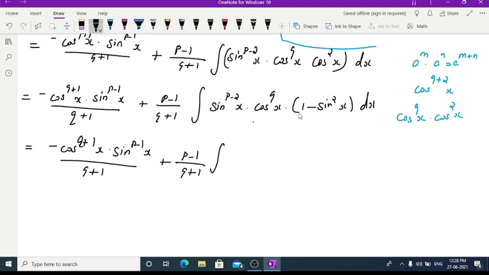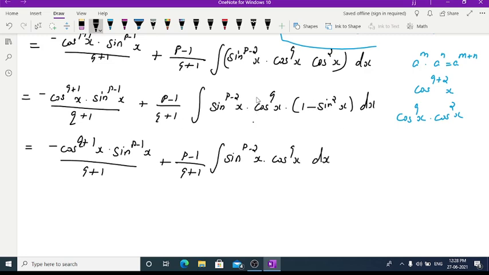Now taking each term separately and multiplying inside, this is (p-1) divided by (q+1) into the integral of sin^(p-2) x cos^q x dx, minus (p-1) divided by (q+1) into the integral of sin^(p-2) x cos^q x into sin^2 x dx. The first term is sin^(p-2) x cos^q x into 1 dx.